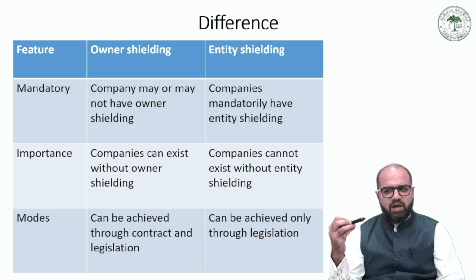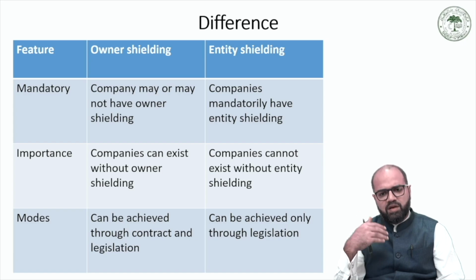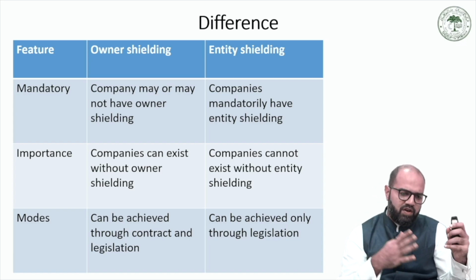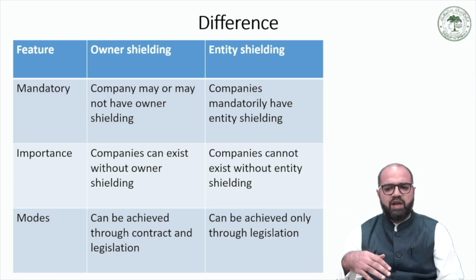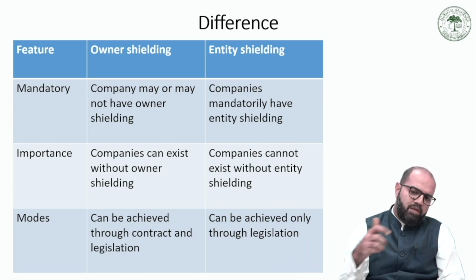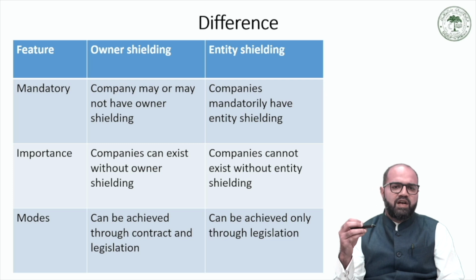For example, a company limited by shares, the definition of which we discussed, is a statutory recognition of owner shielding. Otherwise, there could be a contract between the shareholders, the company, and its creditors, that if the company defaults on any loan of the creditors, then under the contract they cannot lay a claim on the personal assets of the shareholders. Whereas entity shielding can be achieved only through legislation under the relevant company law.